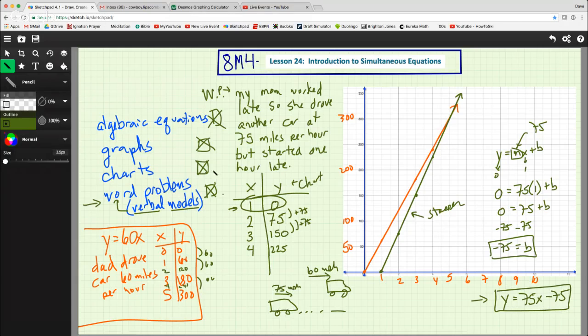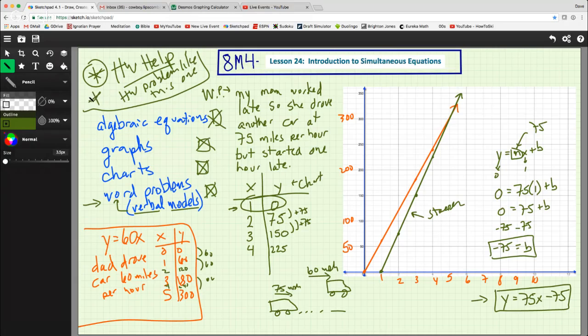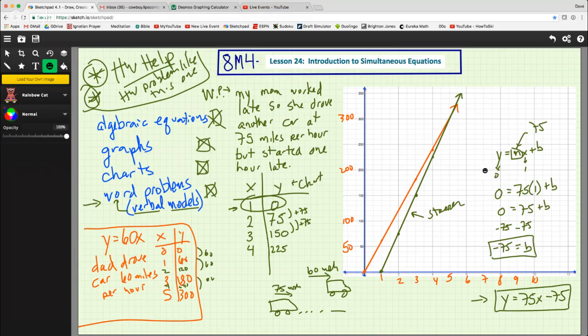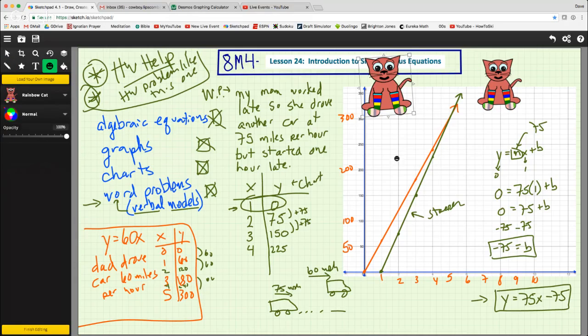Notice, I'm going to give you a little star here, and this is going to be homework help because there is a homework problem like this one. I'm also going to put down a double star, and a happy cat because we should.